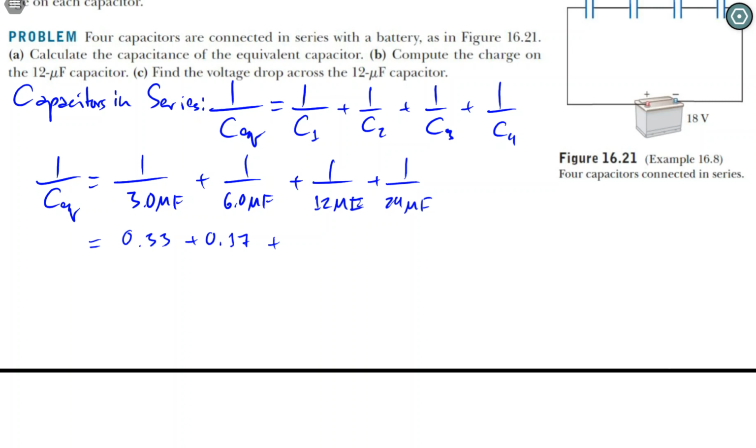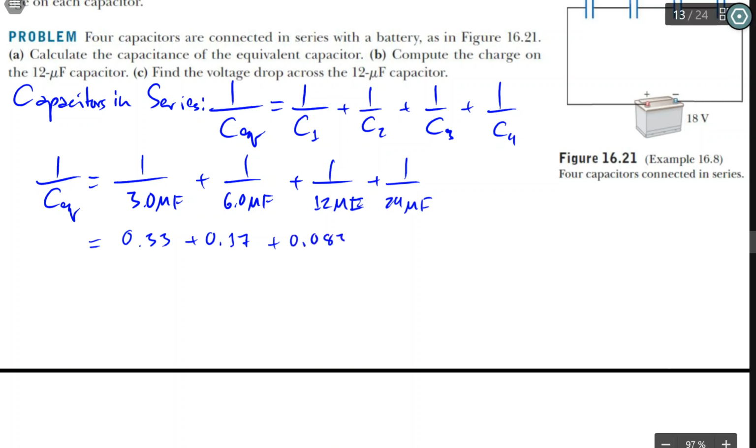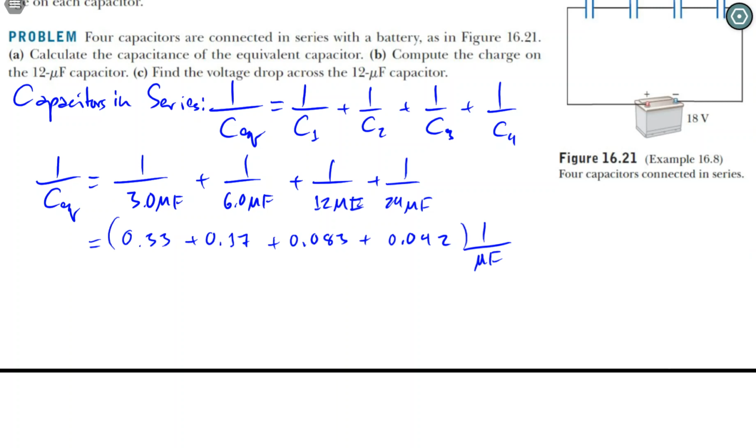I'm doing this one by one. 0.83 plus even smaller. Yeah, I could have predicted that one. 4.2, and the units here are actually 1/microfarad. Okay, add all of that up, and then you're going to get, so let's add that up.